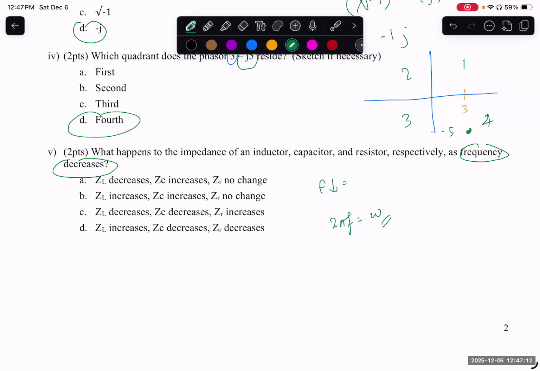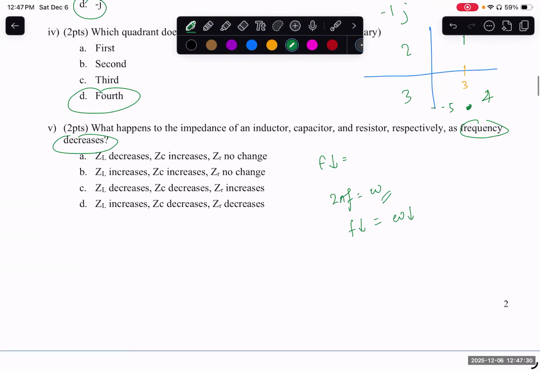This is the angular frequency, and that's the one that's used within the formula for the inductance. So if frequency decreases, the omega would decrease as well, right?